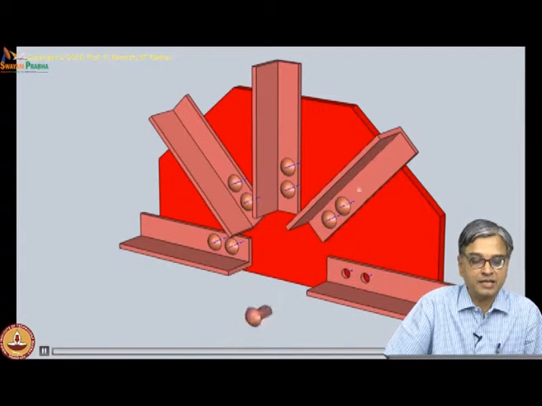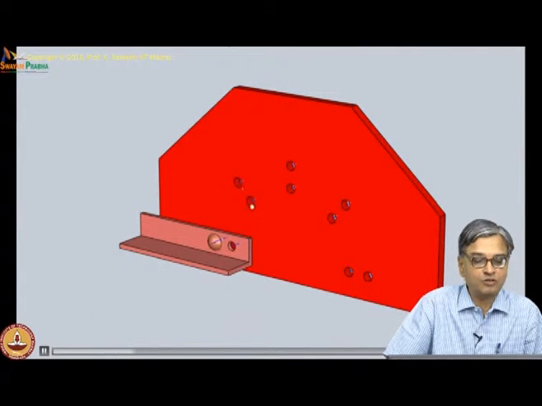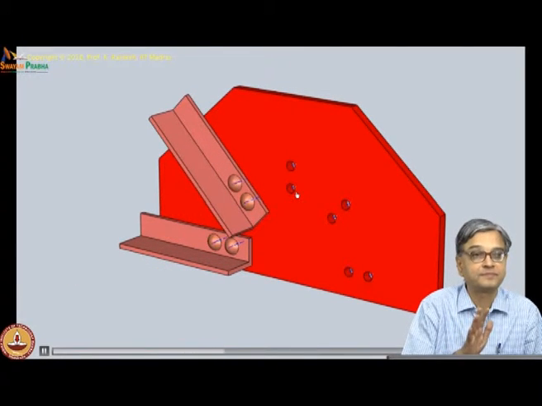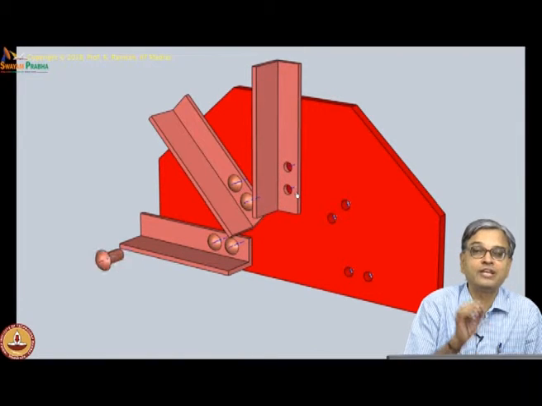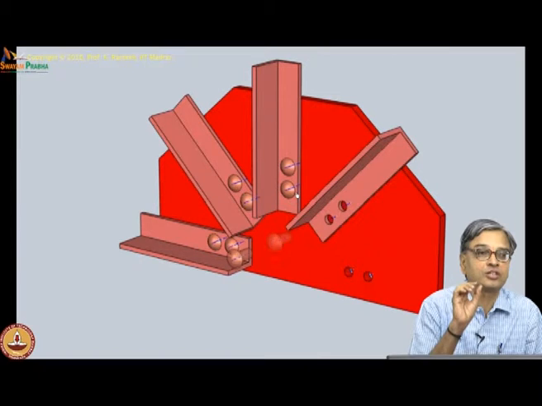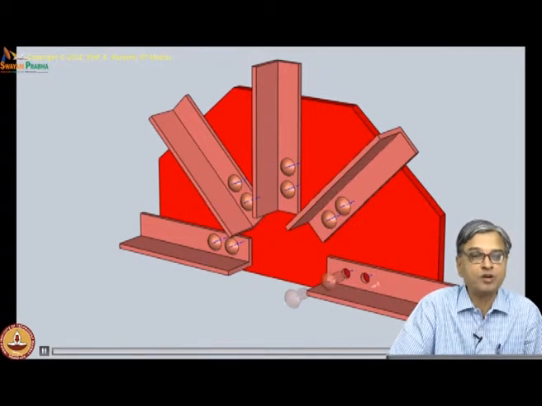and you must be getting used to what is workshop practice in your first semester. You might have heard that these holes are normally drilled, but drilling is not sufficient. In a riveting operation, you need to have a very fine dimensional tolerance on the holes. So, they also have to do what is known as a reaming operation.